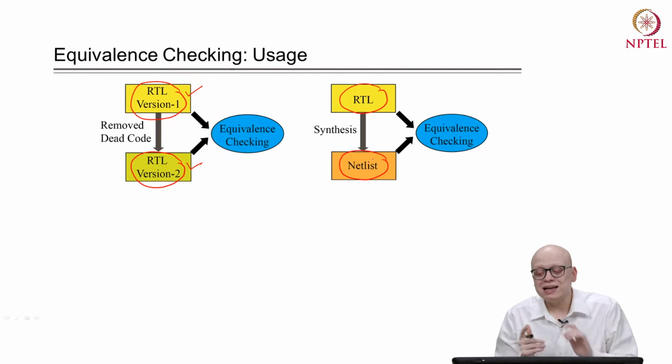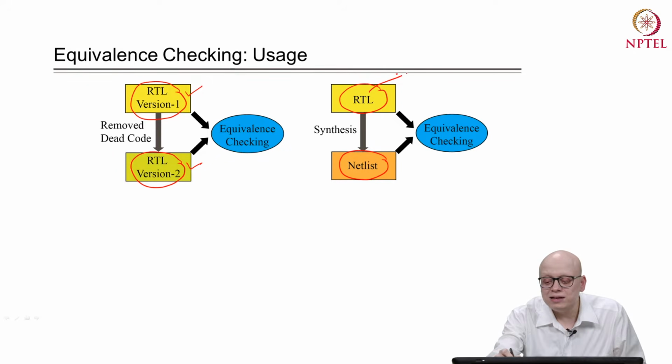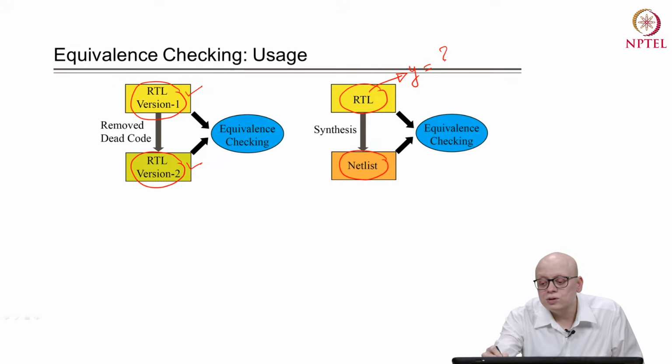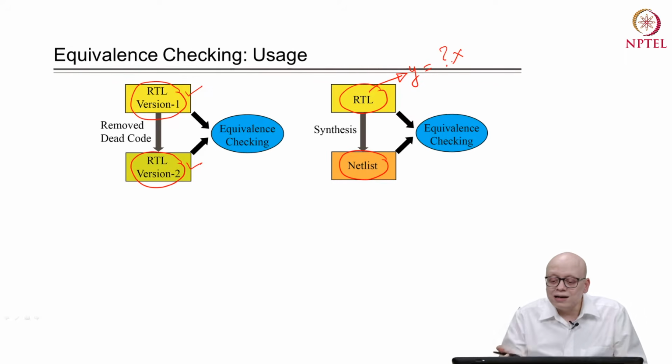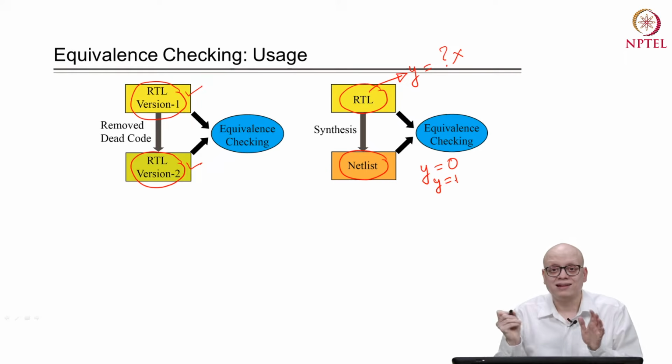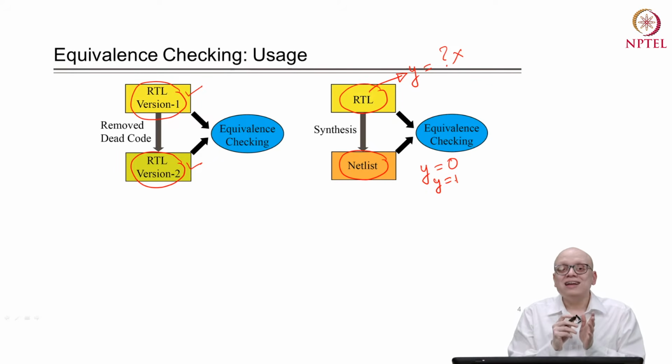We say equivalent because in RTL there may be a situation in which a variable y is assigned a don't care value x, and logic synthesis might have assigned a value of 0 or 1, because it is free to do anything if the value of y was x.